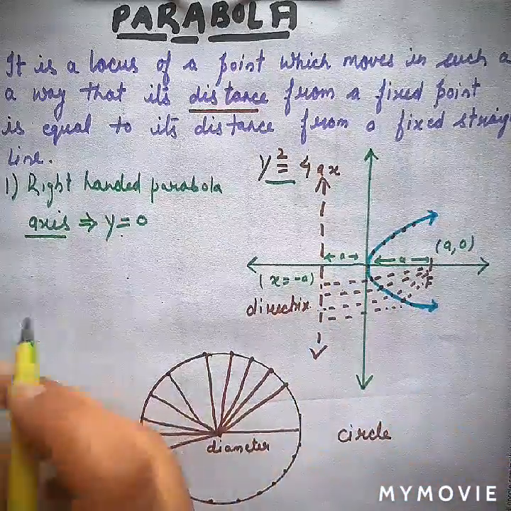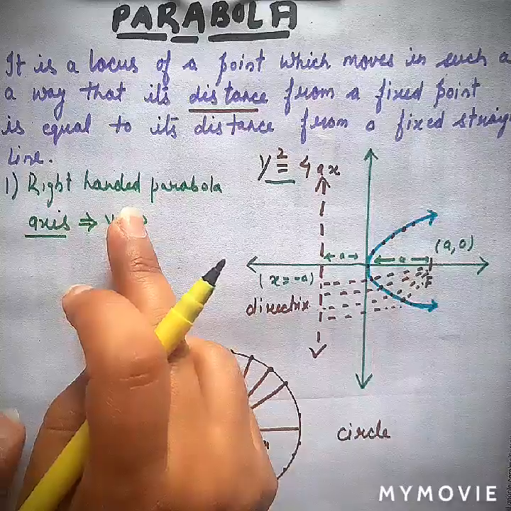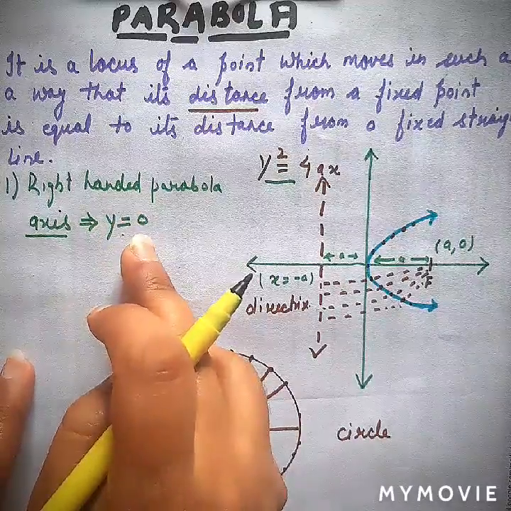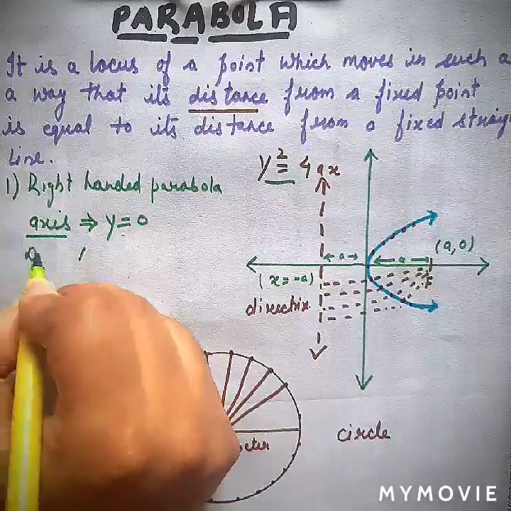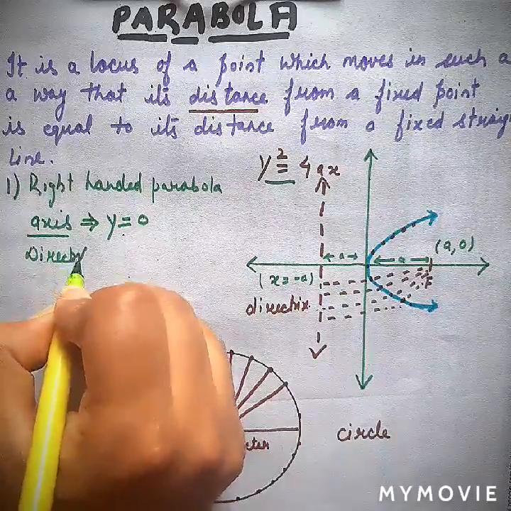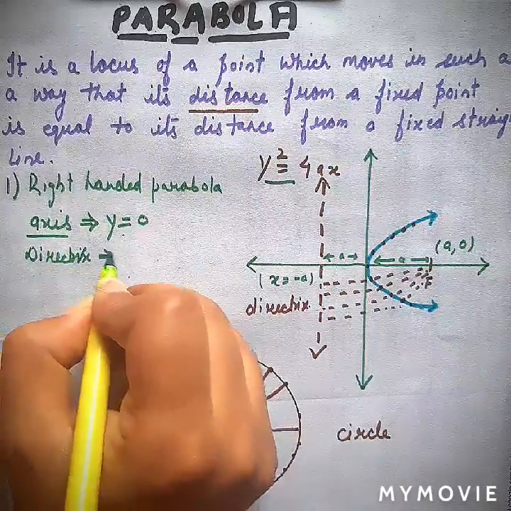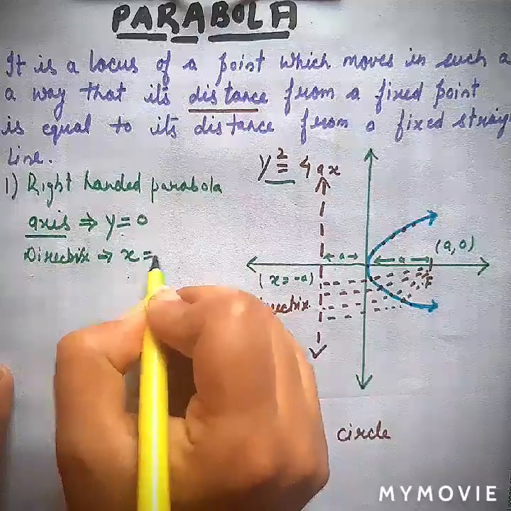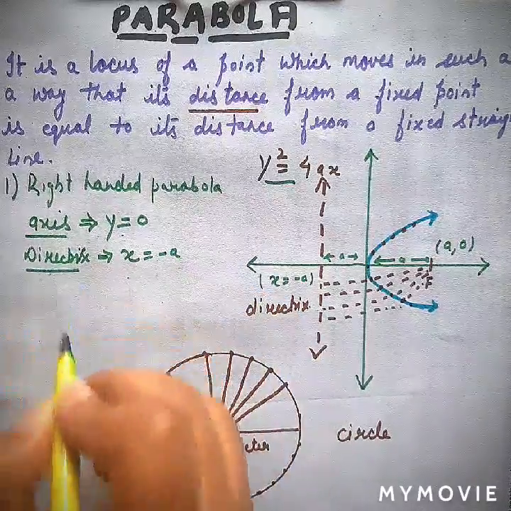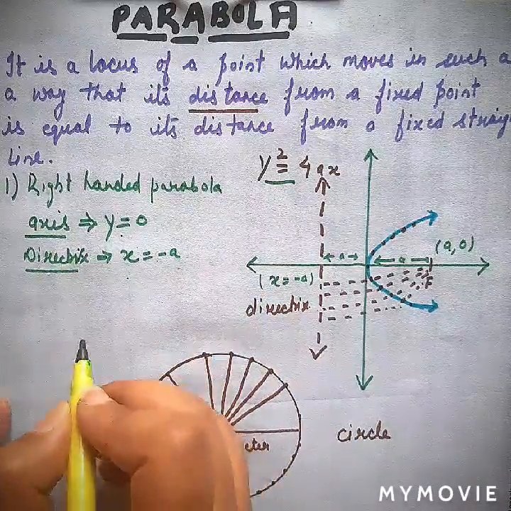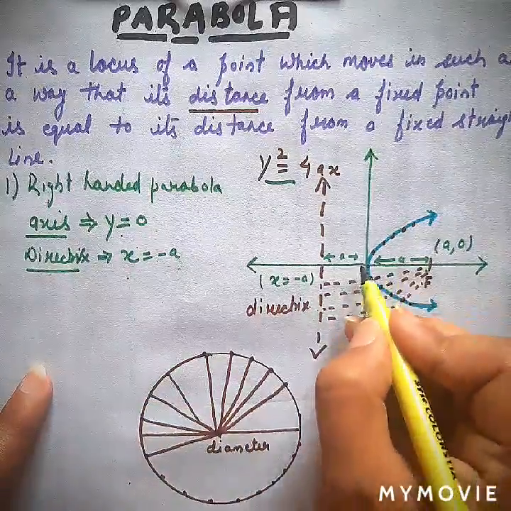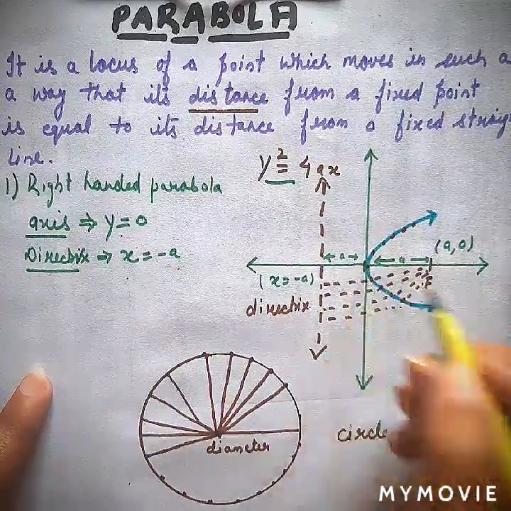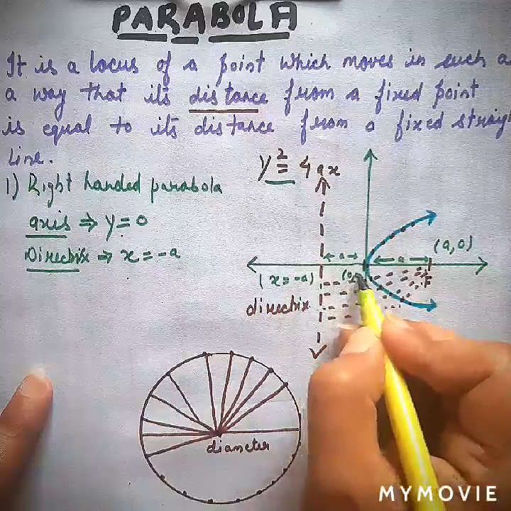So the axis of this parabola is y is equal to 0. Next is the directrix. The directrix of this parabola will be x is equal to minus a, right? Directrix is done. Now the tangent at the vertex. I forgot to tell you that this is the vertex and the vertex will always be (0, 0).